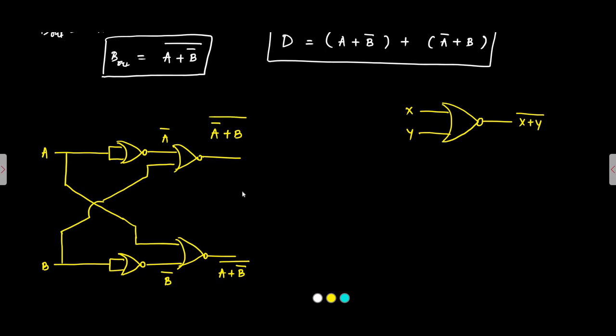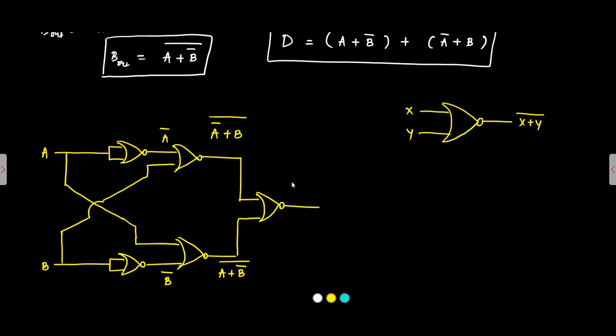Now we have to add them together without the complement. So we'll see how we'll do this. First we'll take them and apply them to a NOR gate.